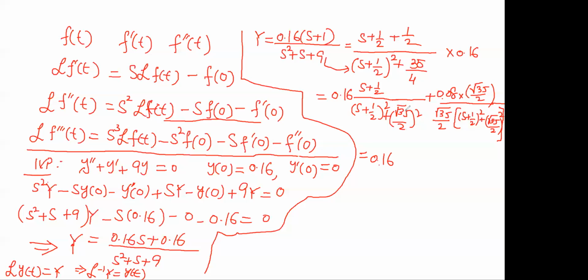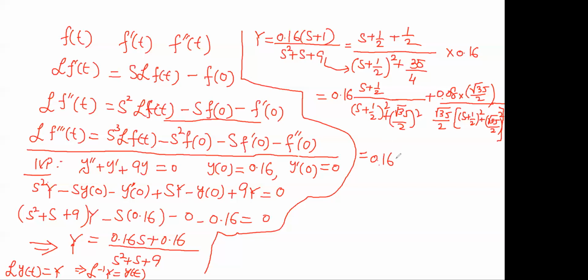So it will be s squared plus omega squared, and over here it will be s. So this term is simply the cosine of omega t. This is the Laplace of the cosine, but it is with the shifting of plus 1 by 2.